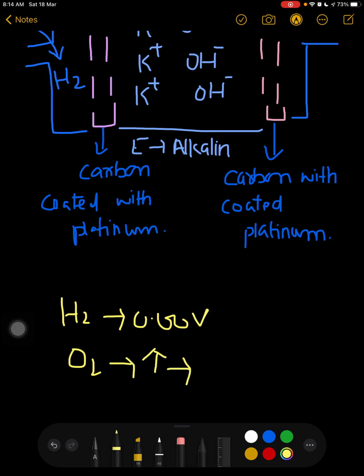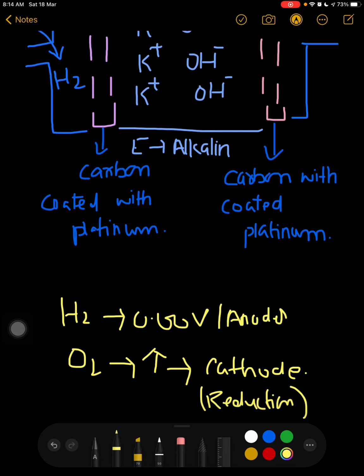So according to this analysis, the oxygen electrode will be considered as the cathode, meaning reduction will occur there, and the hydrogen electrode will be known as the anode, and oxidation will take place there.